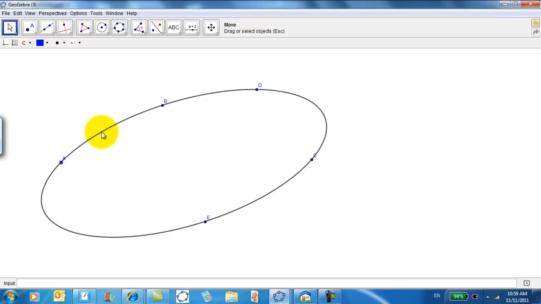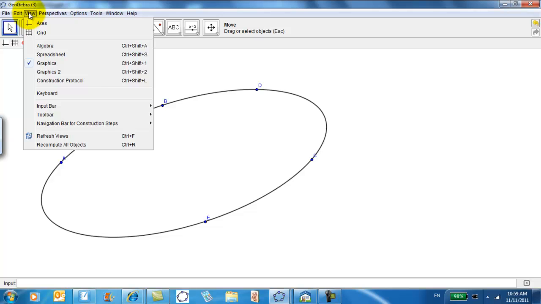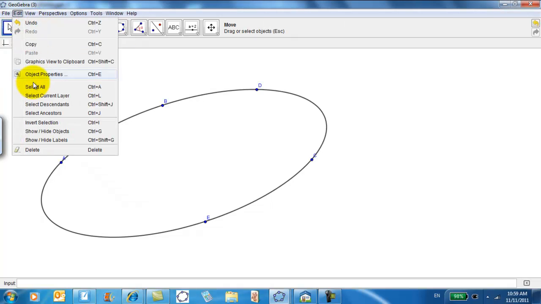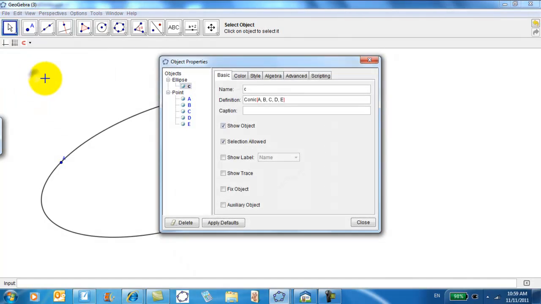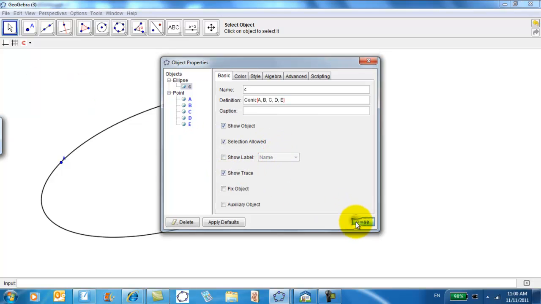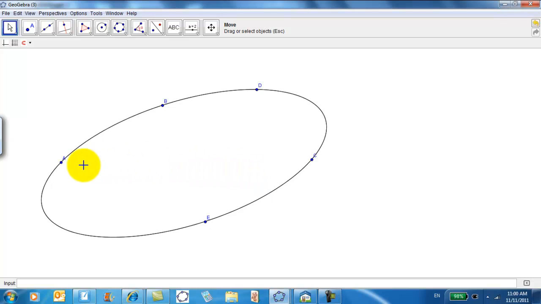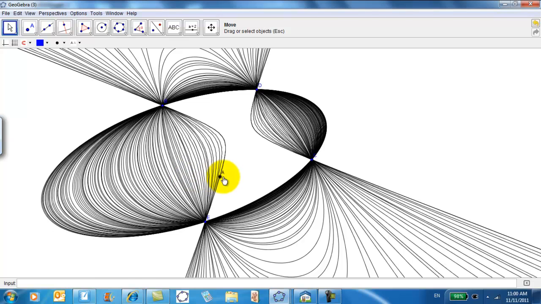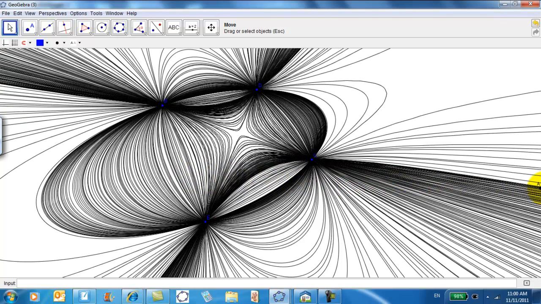Click on this whole thing and go to the object properties. And you go here to show trace. I think you know where we're going with this. And now we grab A. And we can see all those shapes it makes. Okay, we'll have fun with that. Some neat graphics.